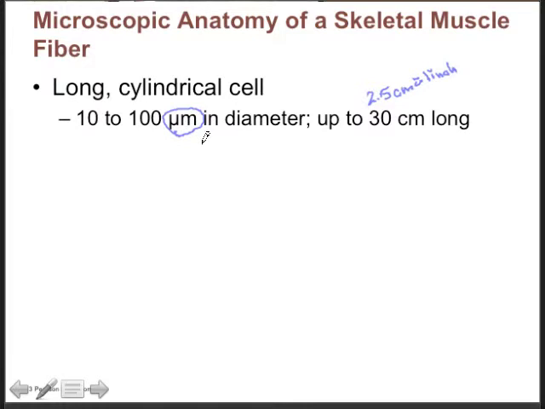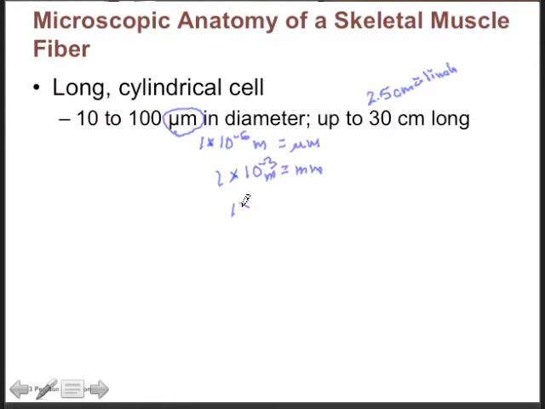Now, what the heck is a micron? Well, a micron is 1 times 10 to the minus 6th meters. And there are essentially 1,000 micrometers in a millimeter, because a millimeter is 1 times 10 to the minus third meters. And what about a centimeter?